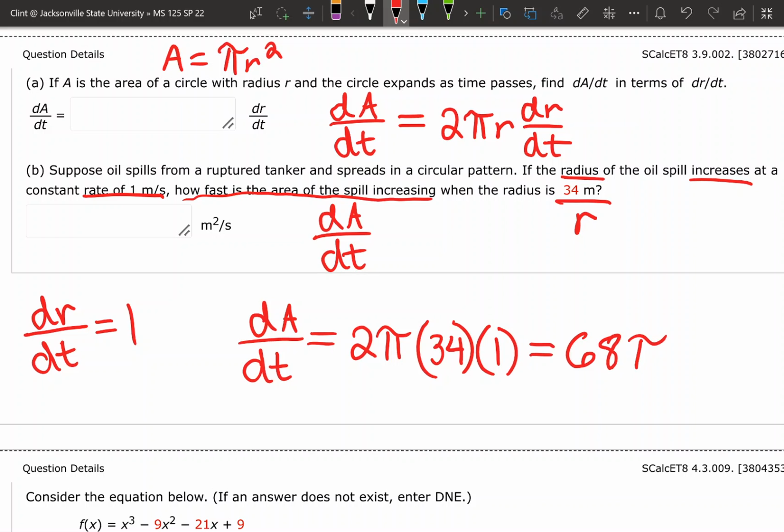Got 68 pi square meters per second. So that's the answer there, or you could give a decimal. Questions and concerns on that one?